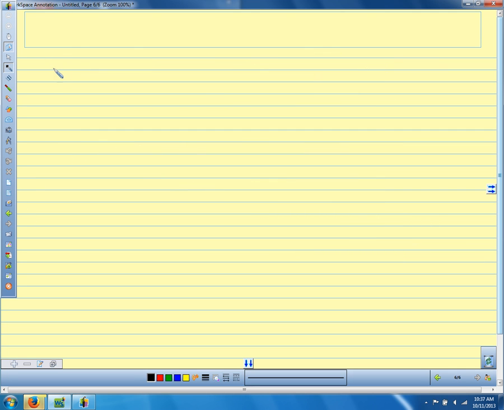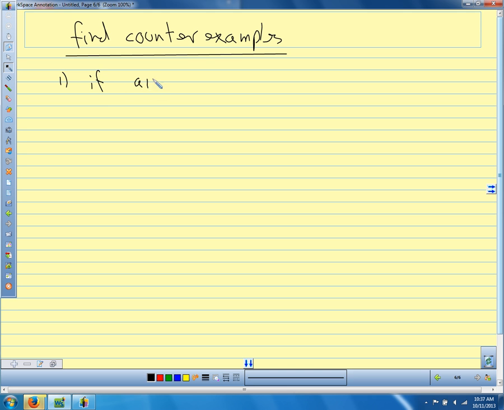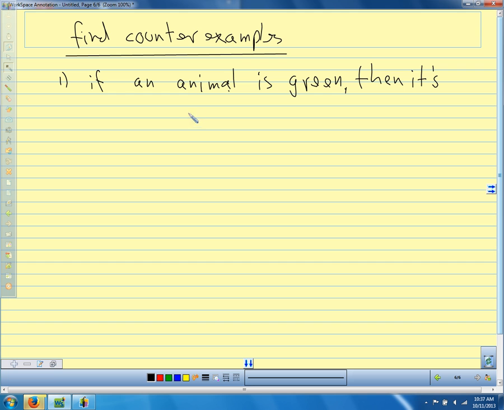So my first conjecture: if an animal is green, then it's a frog.